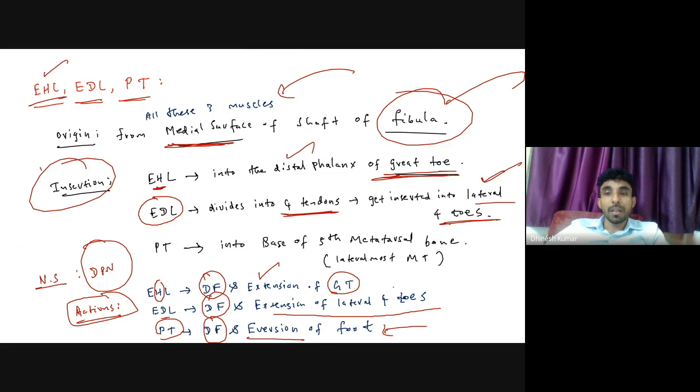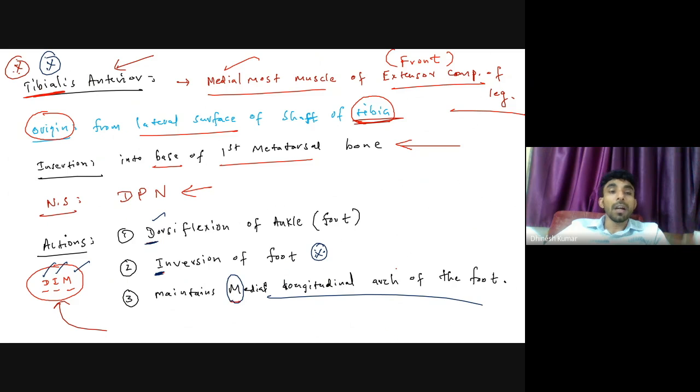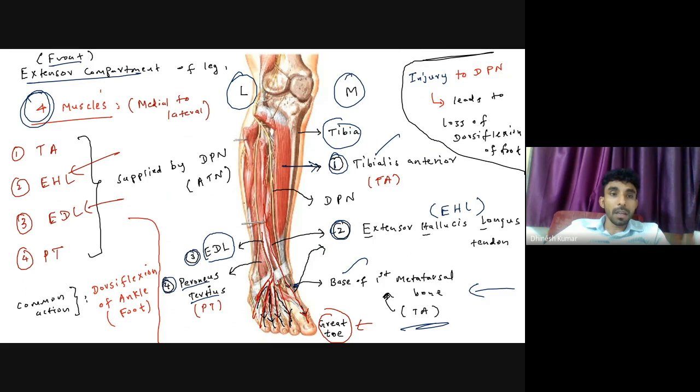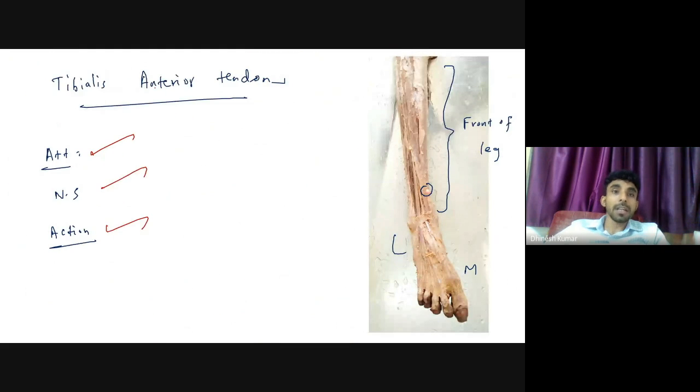So I hope we are clear about the attachments, nerve supply and action of tibialis anterior. Here only tibialis anterior is pinned, but as I told, extensor hallucis longus and extensor digitorum longus may also be pinned. If you trace the extensor hallucis longus tendon, you can see the tendon is finally getting inserted into the great toe.